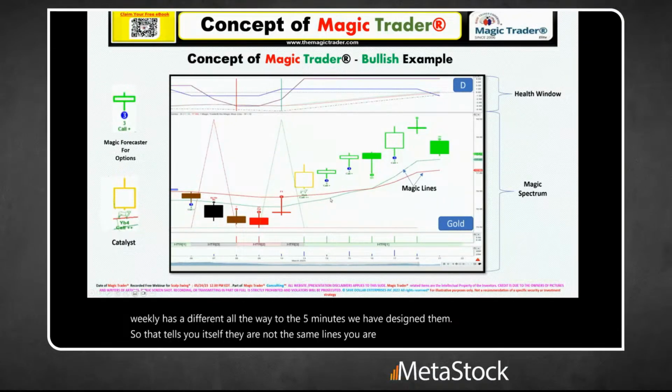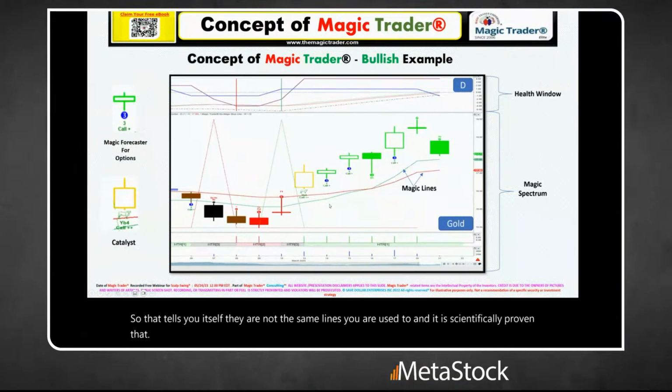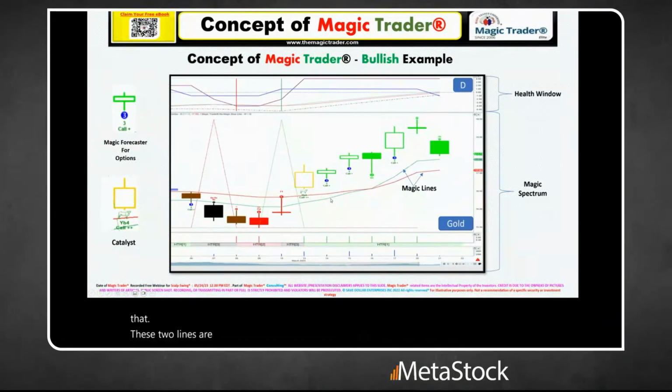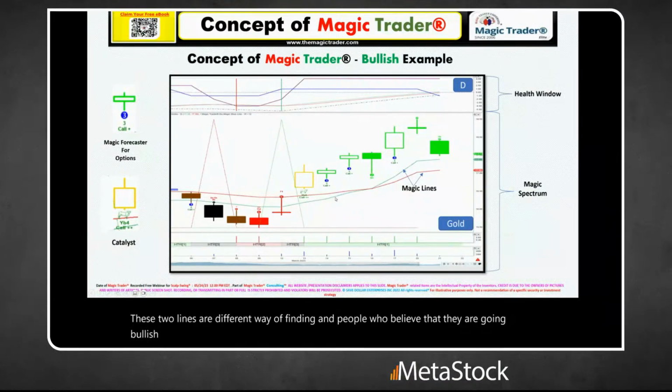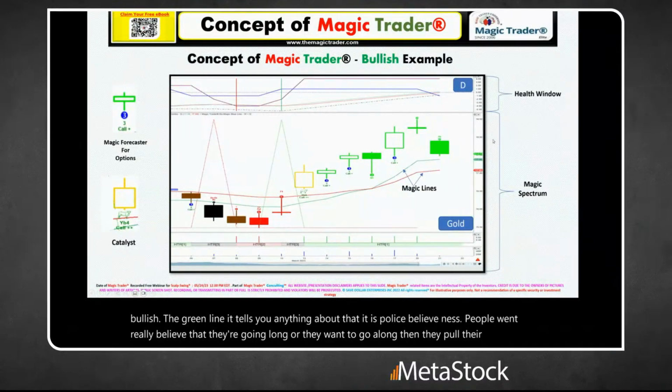And it is scientifically proven that these two lines are a different way of funding. And for people who believe they are going bullish, the green line tells you about that. It is bullish belief. When people really believe they're going long or want to go long, then they pull the trigger, and the reflection is right there.